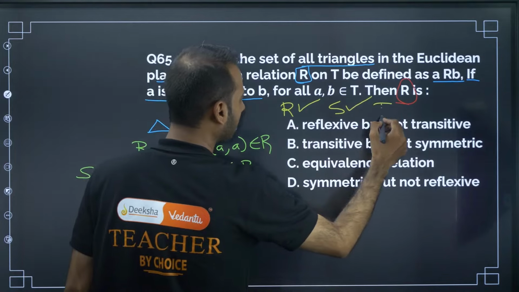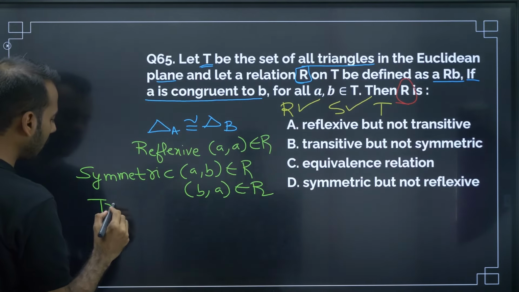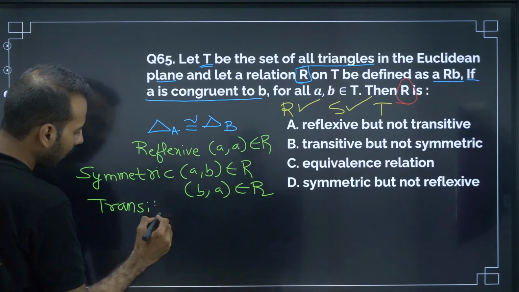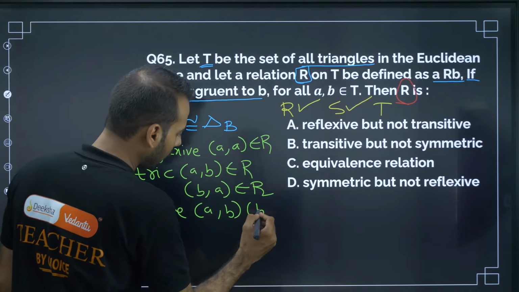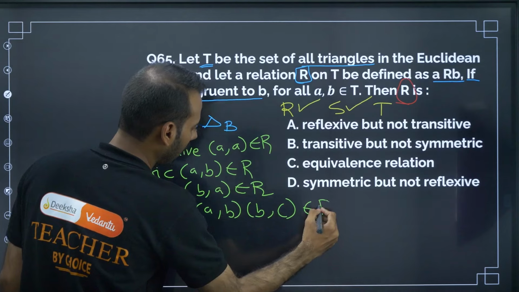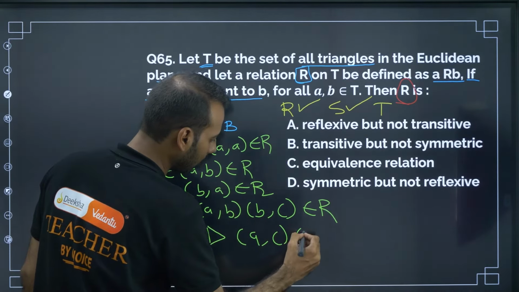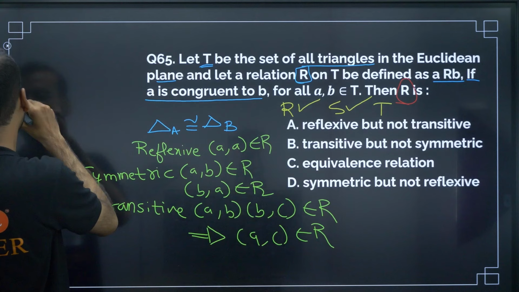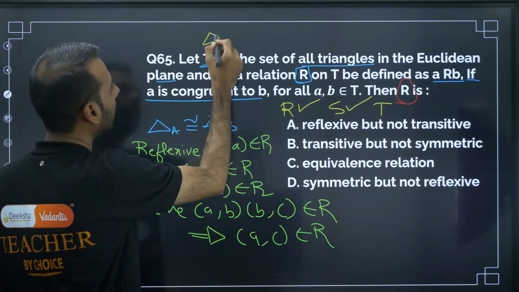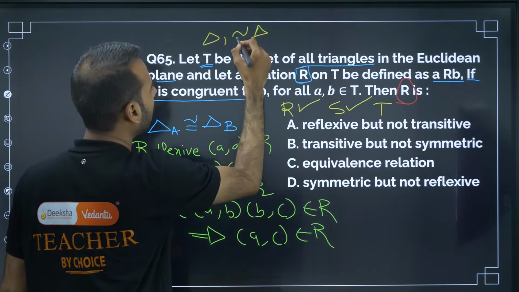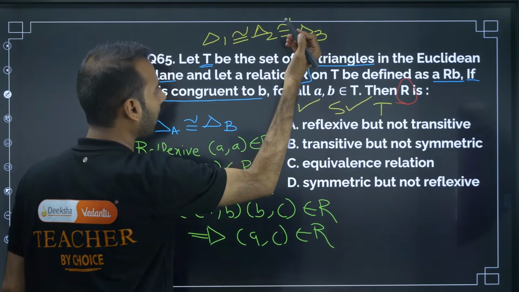Next, moving on to transitive. What is a transitive relation? In a transitive relation, (A, B) and (B, C) belong to R implies (A, C) should belong to R. Now see here, the first triangle is congruent to the second triangle and the second triangle is congruent to the third triangle.